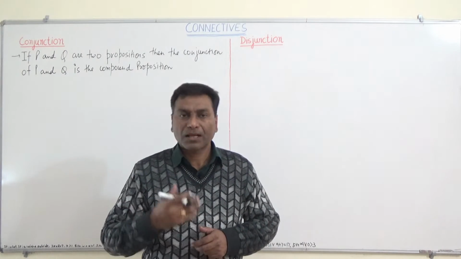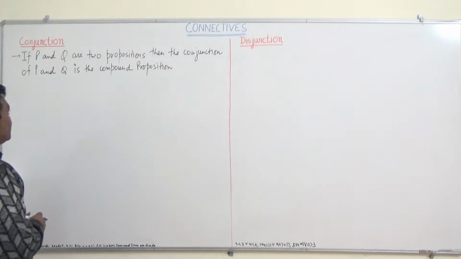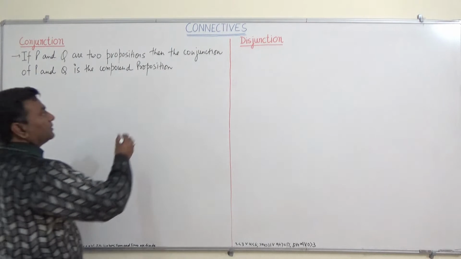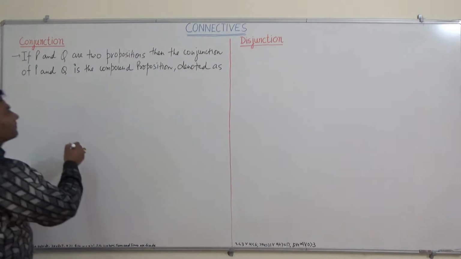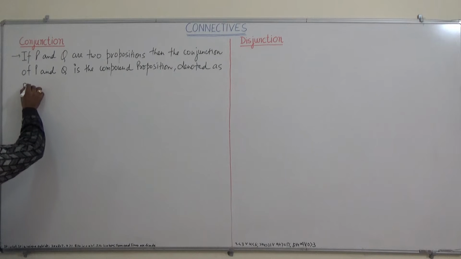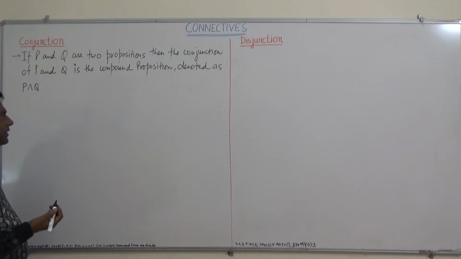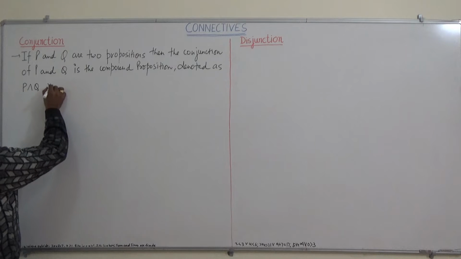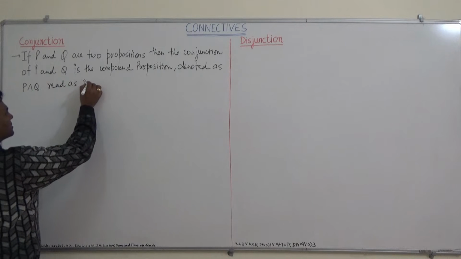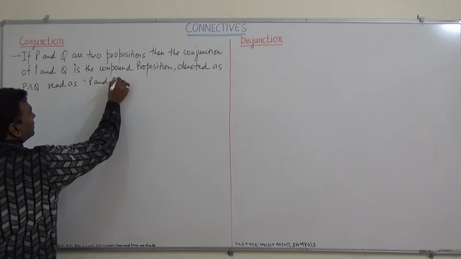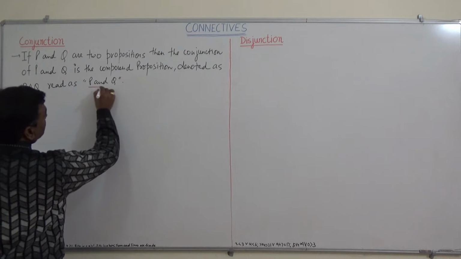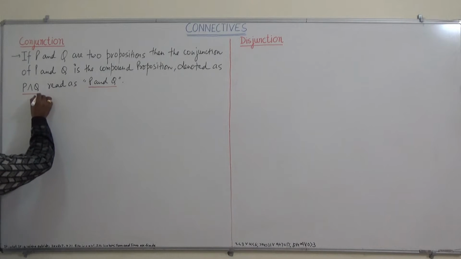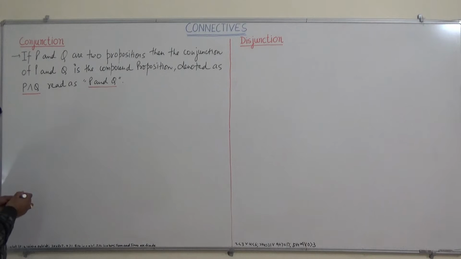So this is the compound proposition, denoted as P conjunction Q or P and Q, and read as P and Q.